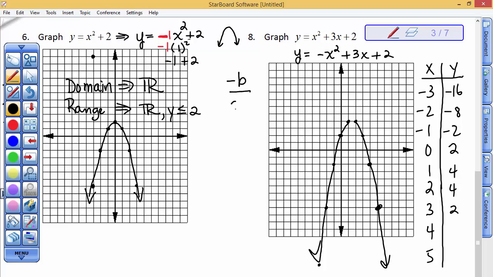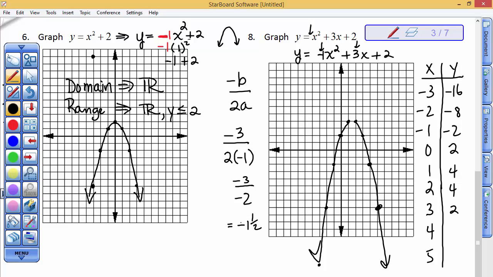My b value is 3. And my c value in this quadratic equation is a 2. So if I took the opposite of 3 divided by 2 times my a value, a negative 1, I'd have a negative 3 divided by a negative 2, which is a negative 1.5. That's where the vertex, I'm sorry, positive 1.5. So if I go over 1.5, somewhere right here is that vertex.